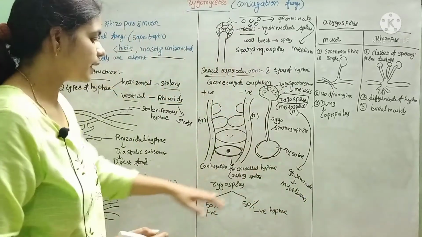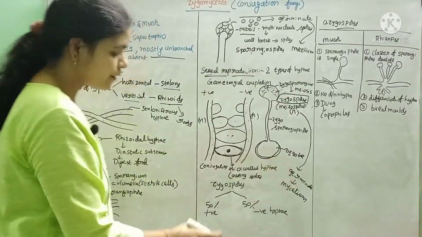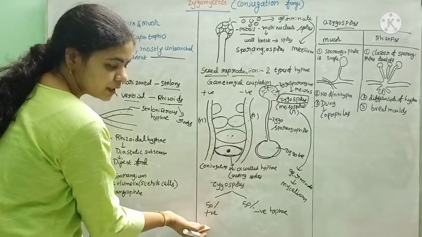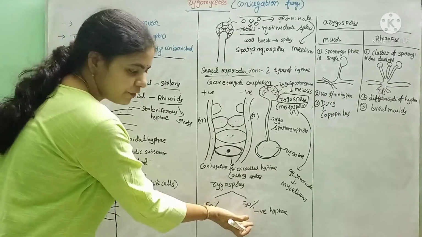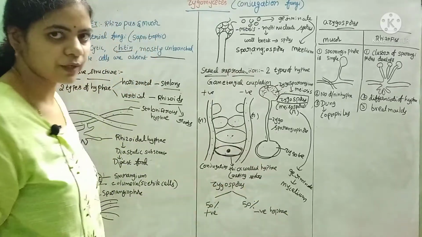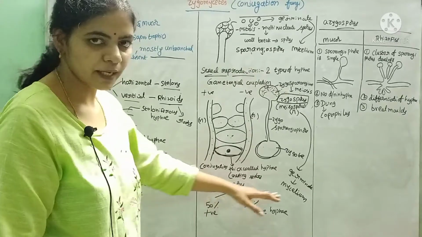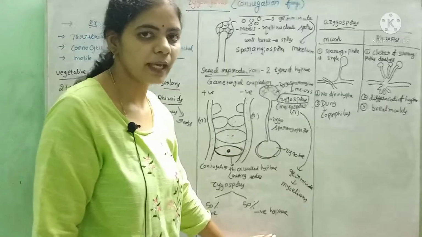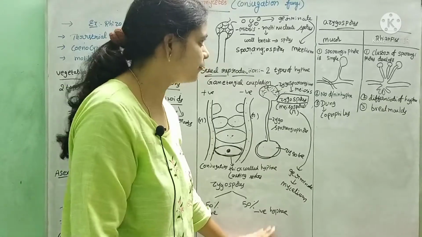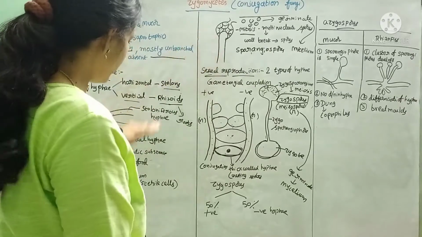Half of the hyphae consist of positive strains and half consist of negative strains. So the zygospores develop mycelium, half of which has positive hyphae and half has minus or negative hyphae. This is about the reproduction of zygomycetes.